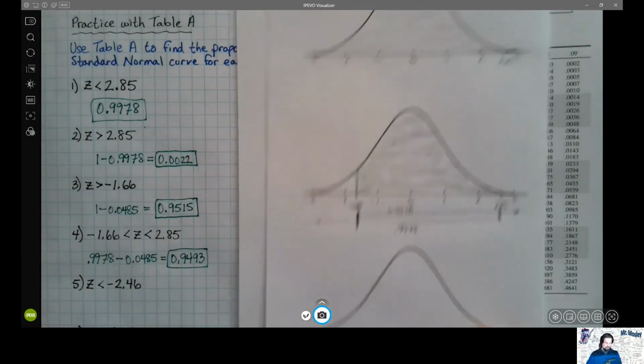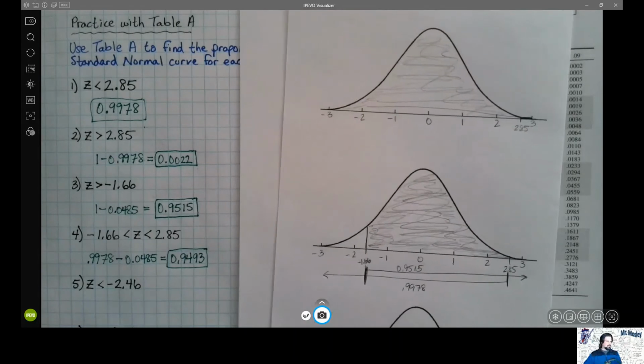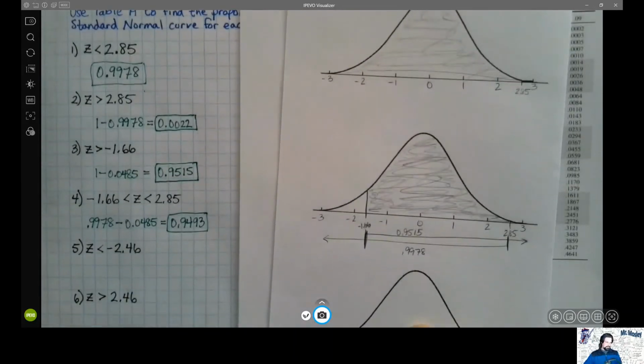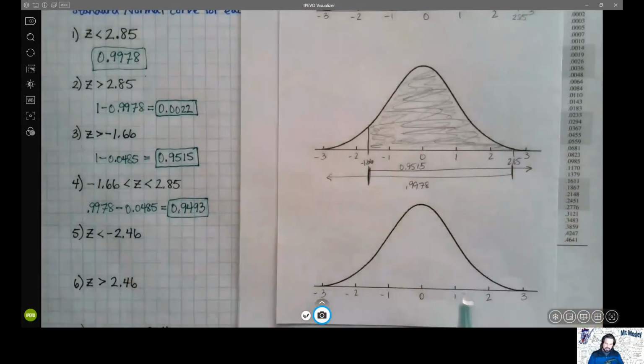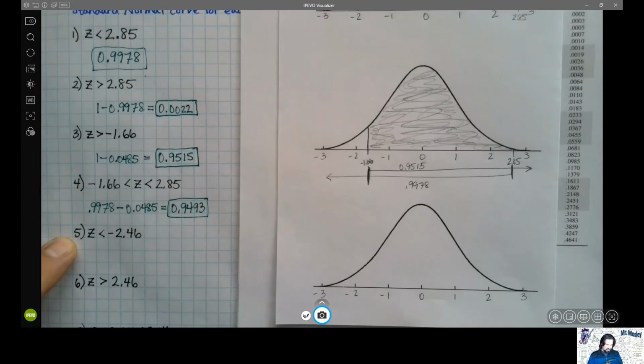All right, so now let's get two more little examples here, some similar type of things again. Our first one here, number 5, we had a z-score of less than negative 2.46.